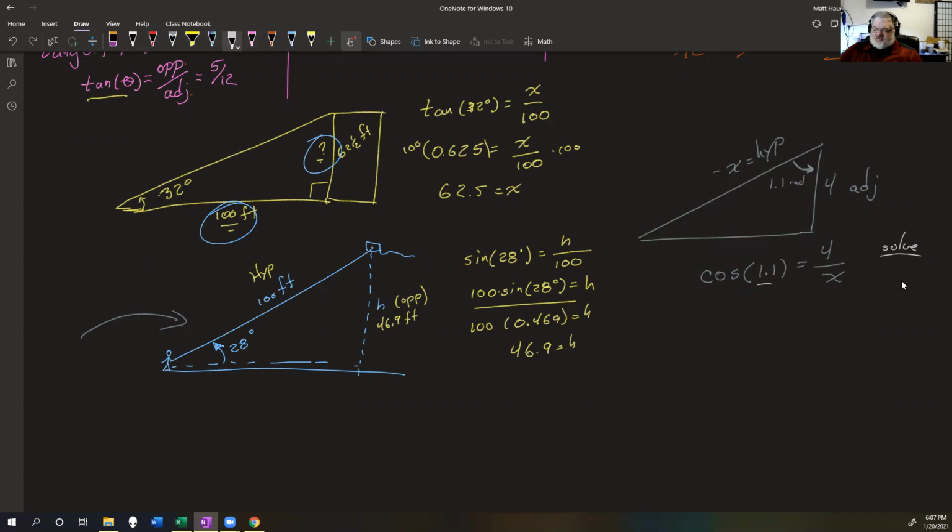I want to make sure we're happy with that solving process. It feels a little different when that x is in the denominator. So take a moment and solve that.